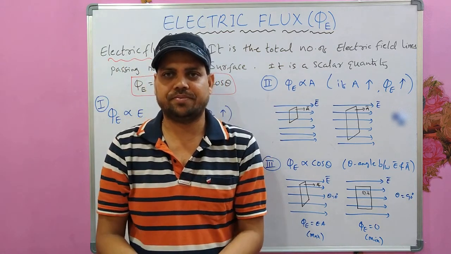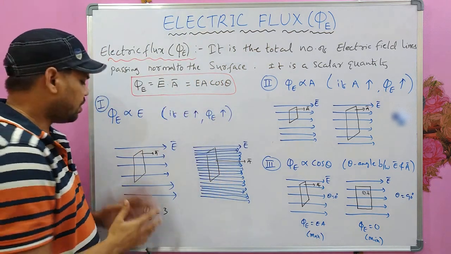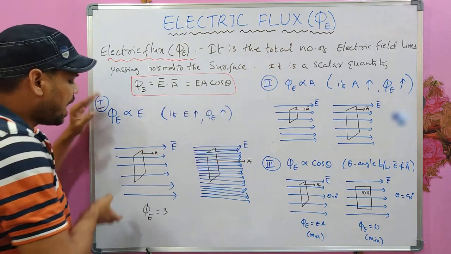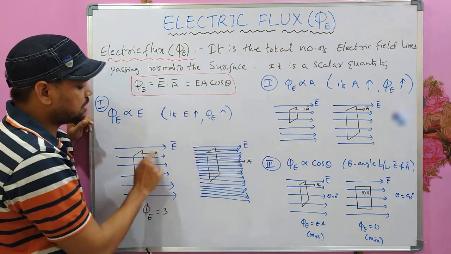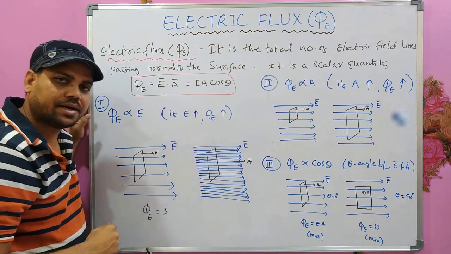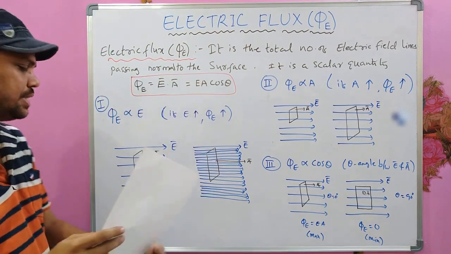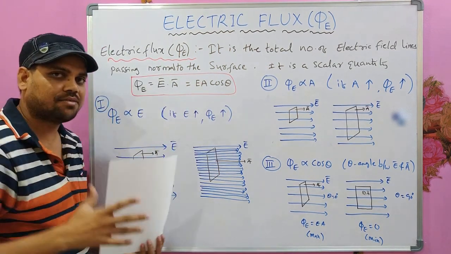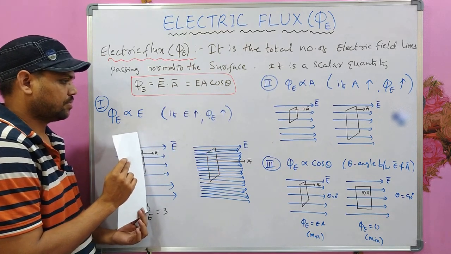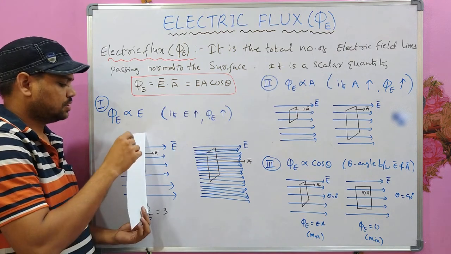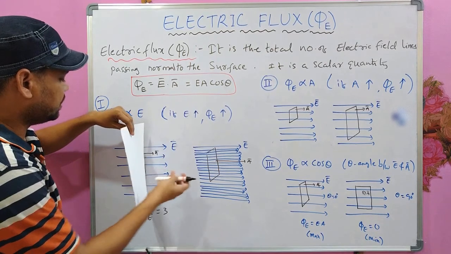So the density of electric field lines would tell you the magnitude of the strength of the electric field. By keeping that in mind, if you observe these two pictures, I have considered an electric field whose direction is as shown in the picture with the arrow mark. This is the electric field direction, and I kept one 2D surface in this way. What is the area vector direction?